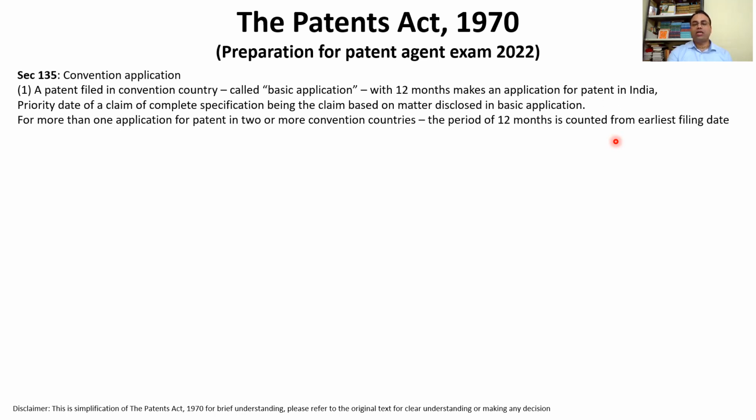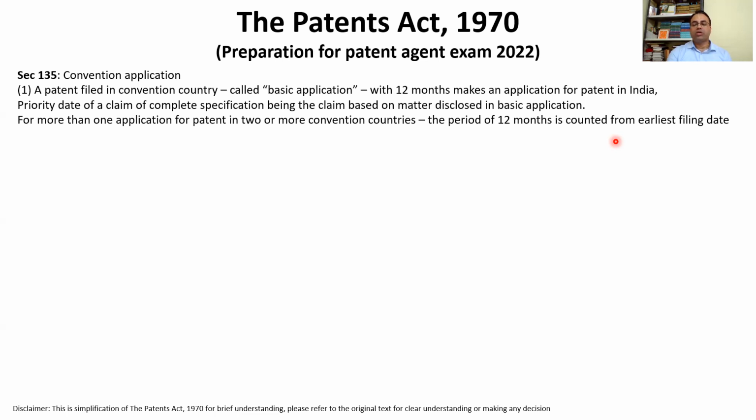If you file a patent in Japan on January 1st, then on the 1st of February you file in the US, then in March you file in Germany, and then you come to India, the priority date will be counted from the earliest filing date. So you cannot say that before coming to India you filed in the US and then came to India, because they are going to track how the priority has been cited.